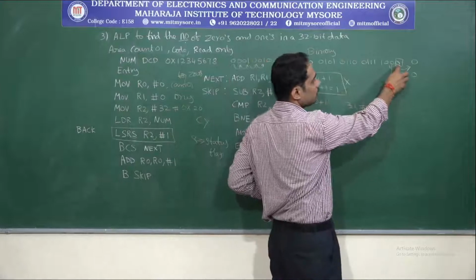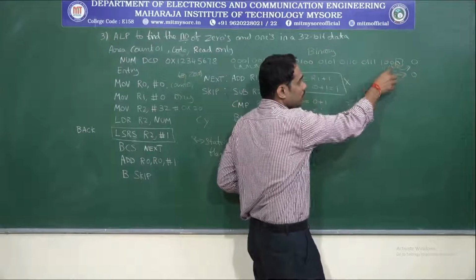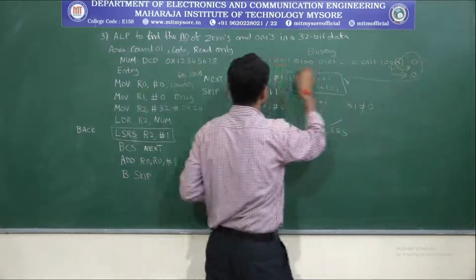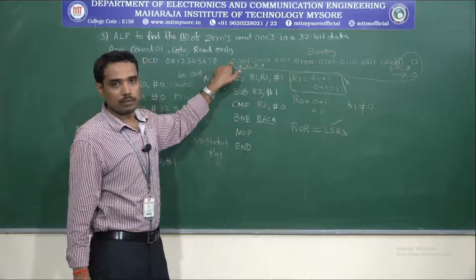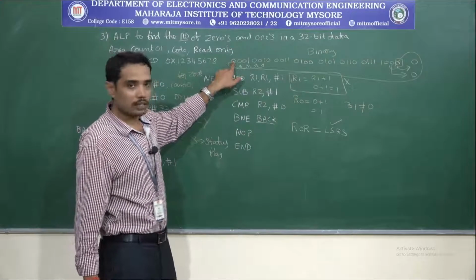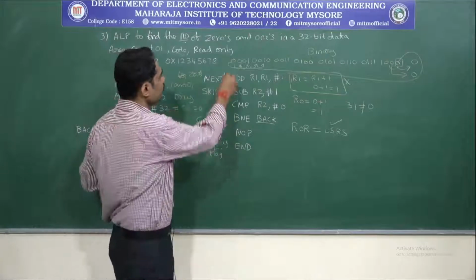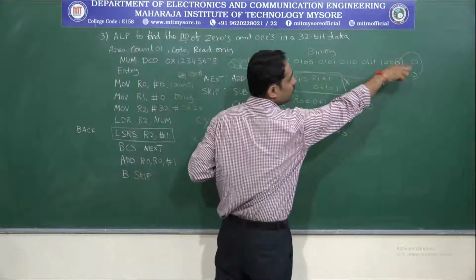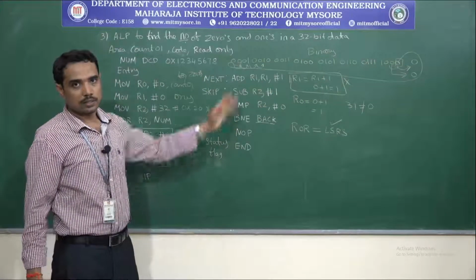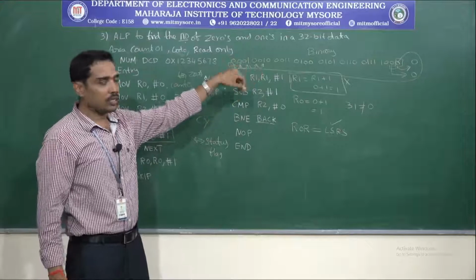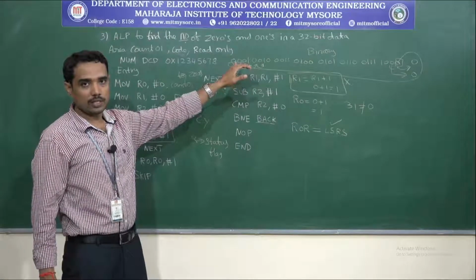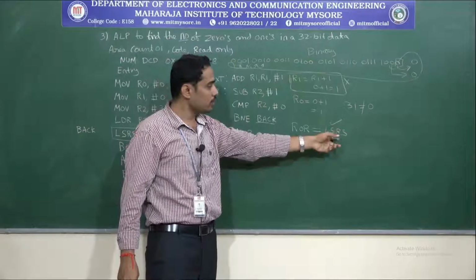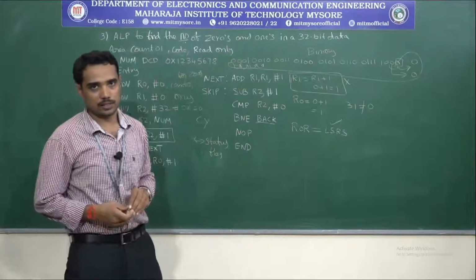In rotate, the bit moved out of the LSB is occupied by the MSB where the vacancy is created. When this bit comes here, the vacancy is created, and that vacancy is filled by the bit moved out of the LSB. Since rotating is comparatively difficult with respect to shift, we are using shift and not the rotate instruction.